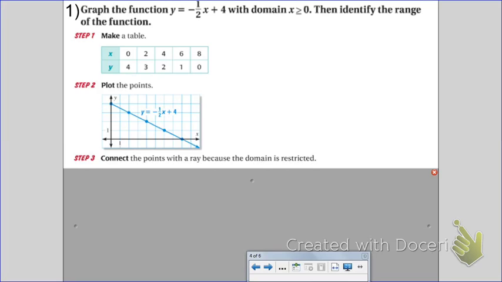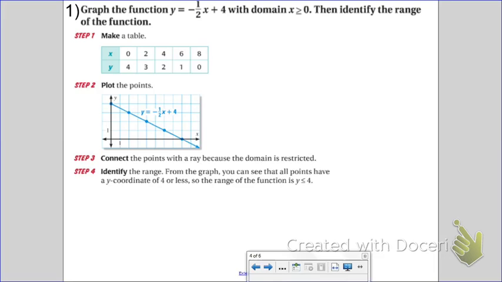So we just start at that y-axis when x is 0, and then we form a ray. We connect all the points, and then on that end we have an arrow, because x is allowed to be anything positive.